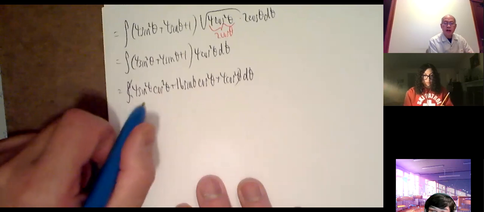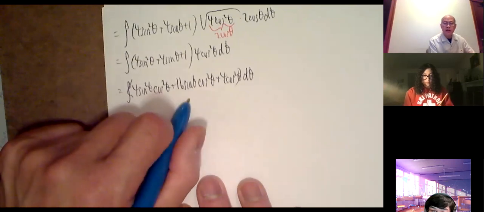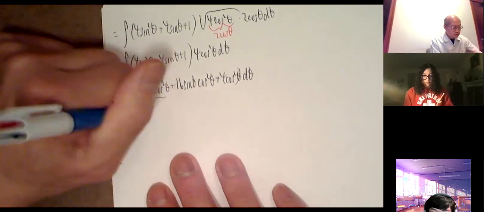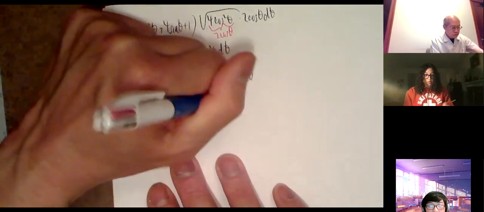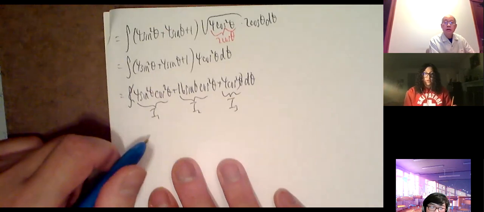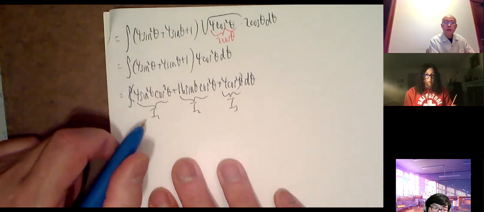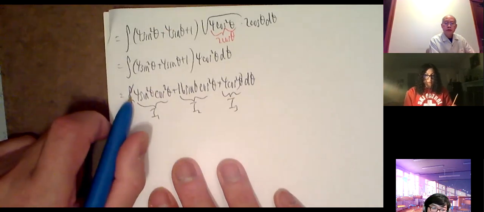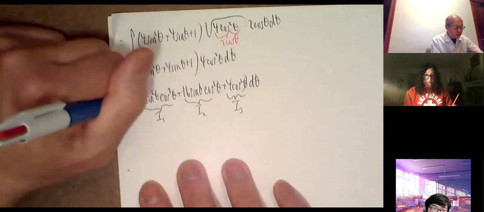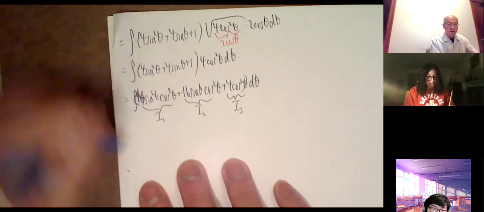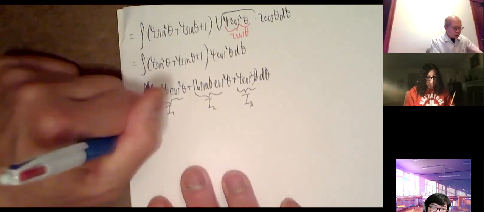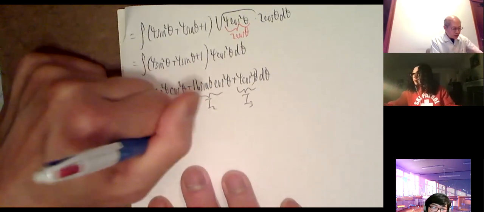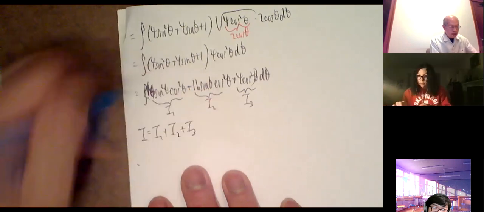Okay, so it looks like I've got I1, I2, and I3. Whoops, this one should be a 16, right? Sorry about that. 16. So I is I1 plus I2 plus I3.